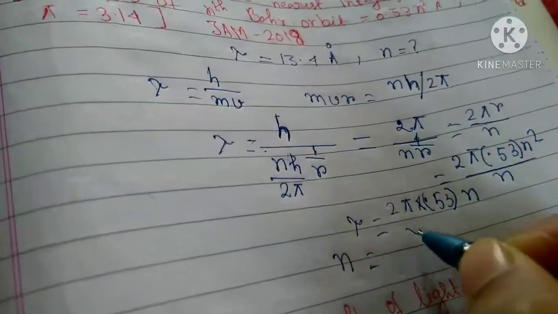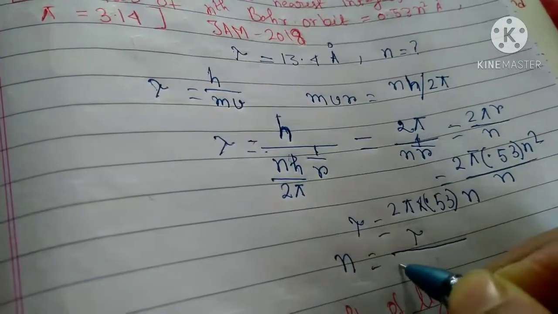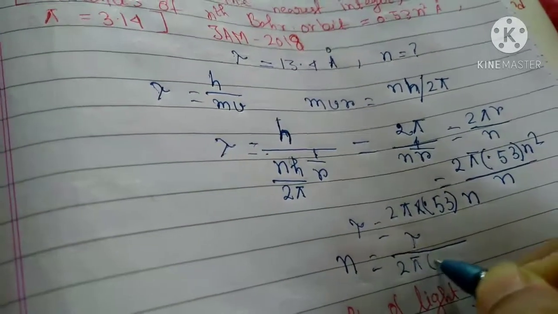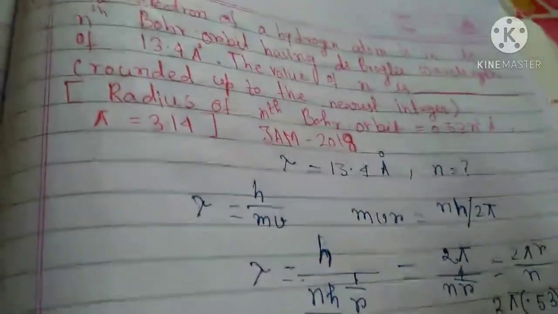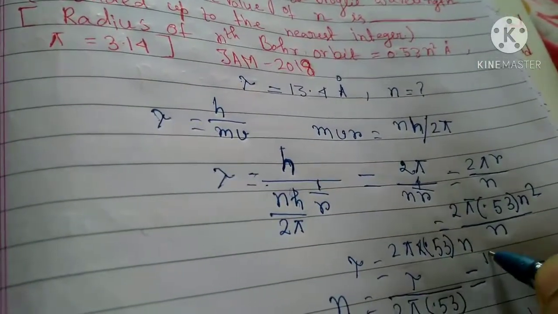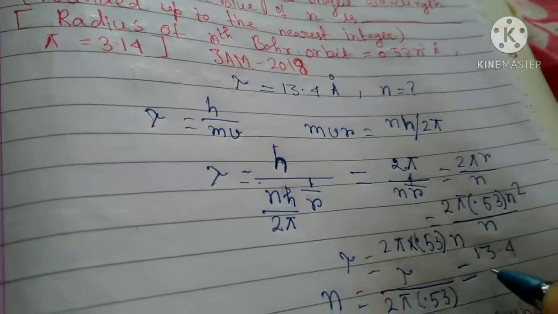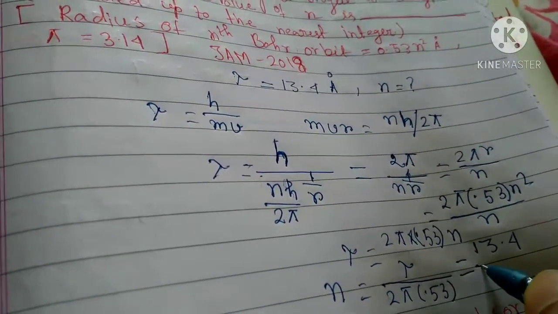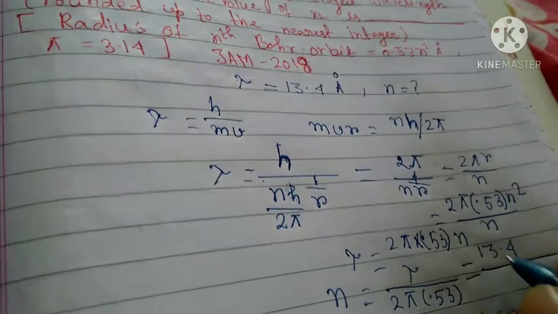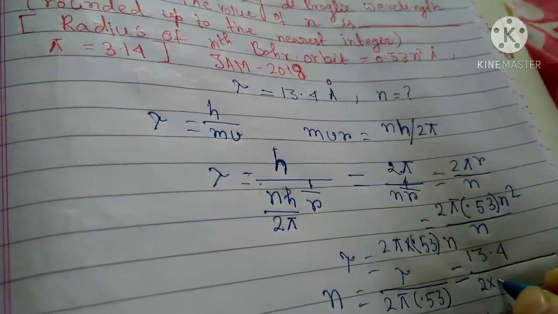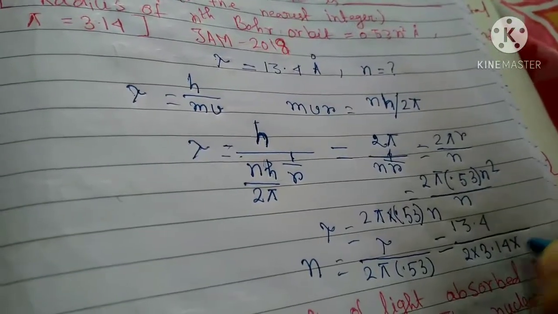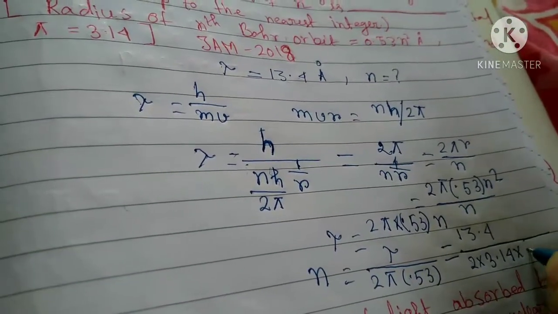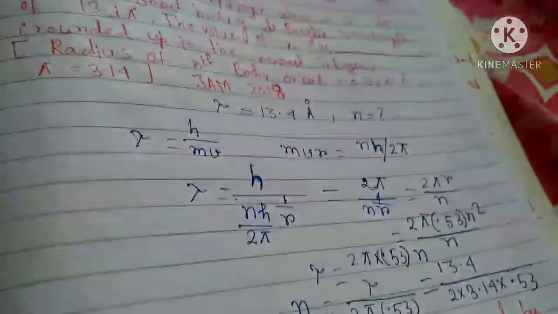n is equal to lambda by 2 pi into 5.3. So that will be 13.4 by 2 into 3.14 into 0.53.